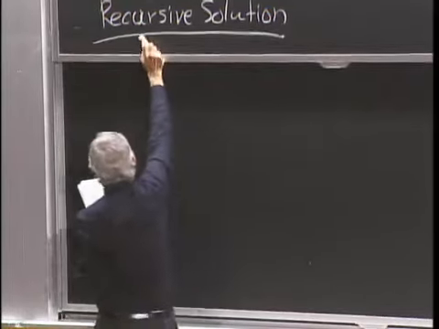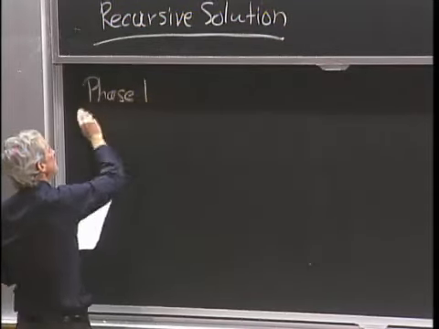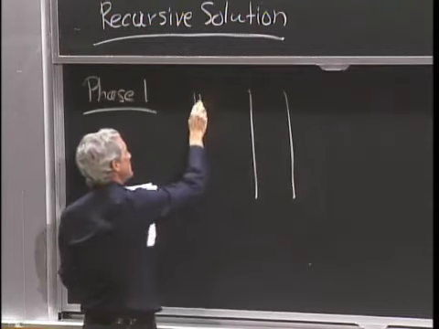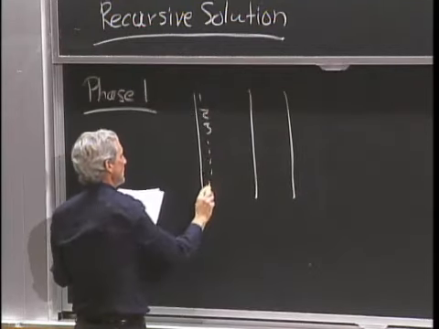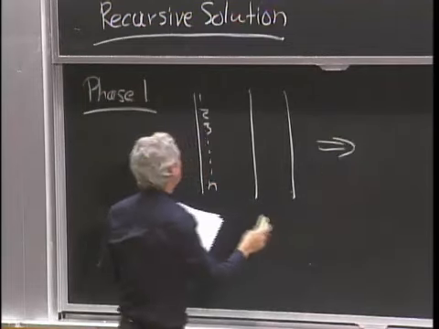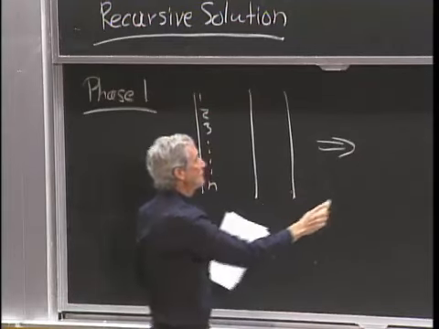And let's draw it for n. So the first phase that you described is I start, here are my 3 pegs, and I start with disks 1, 2, 3, down to n here, and nothing on these pegs. And I'm going to use recursion to take the top n minus 1 and move them out here.